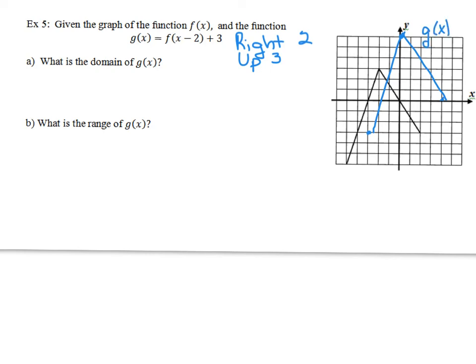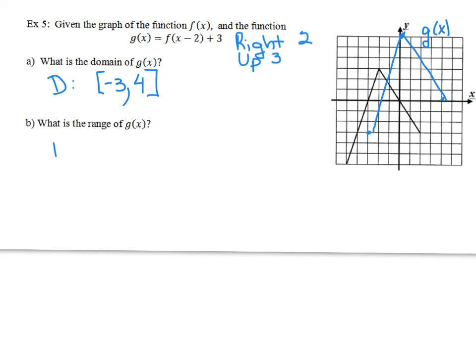So that helps me answer the questions. In part A, what is the domain of g of x? I see that my graph begins at an x value of negative 3 and finishes at an x value of 4. So for my domain, I should make sure that I am using a closed bracket on that one, not a curved bracket. So let's go from negative 3 to 4 with a square bracket, and that defines my domain for g of x.